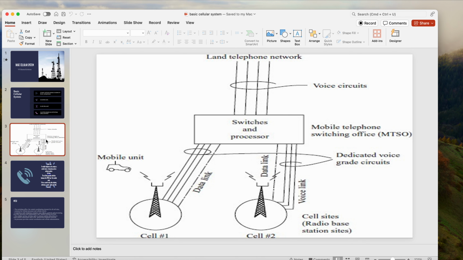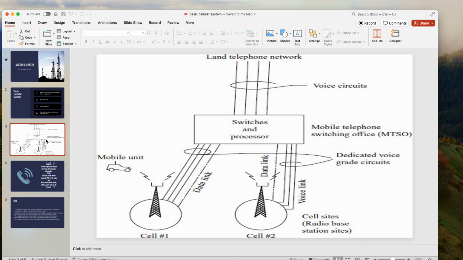Now the purpose of the mobile unit is to communicate with the other subscriber. When we need to communicate, what do we need in the mobile unit? In order to capture the voice we need a microphone, and after capturing the voice the signal has to be modulated. So we need some circuits for modulation purpose.